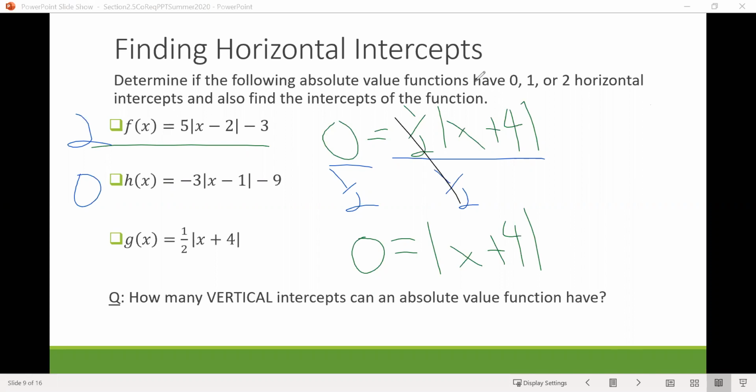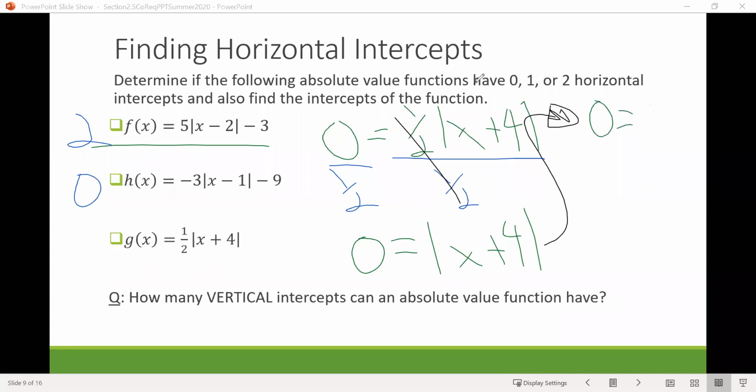So now we have our absolute value function isolated. We could set up two equations, x plus 4 equals 0, and x plus 4 equals -0. But what is -0 equal to? Right, that's still 0. So we'd actually end up with the same equation twice, which is going to give us the same answer each time. So we actually only need to set it up once.